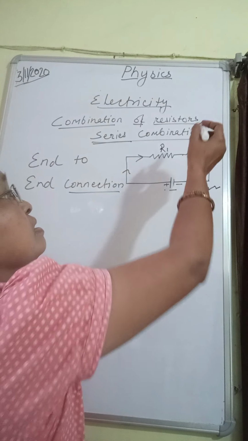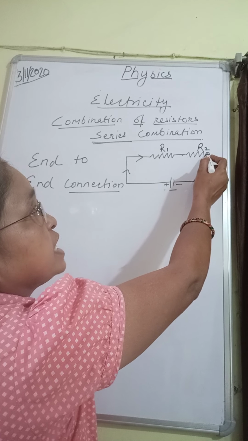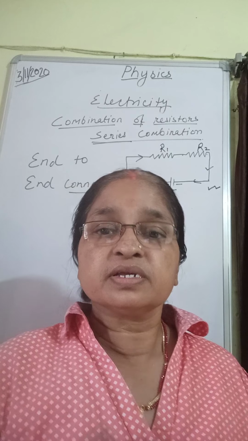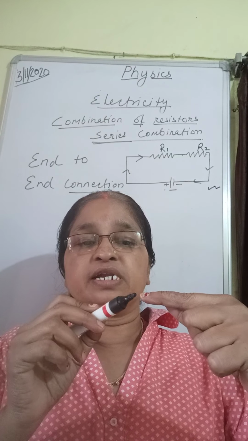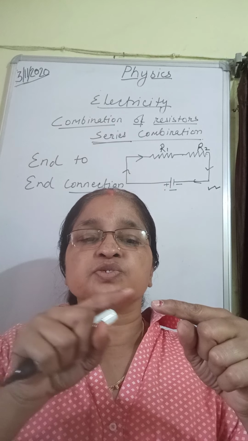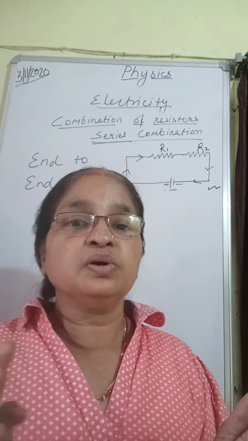Again, if we take more, then the second end of the second resistor is connected to the first end of the third resistor. That means the end of one resistor is connected to the first end of another resistor. So it is also known as end-to-end connection.